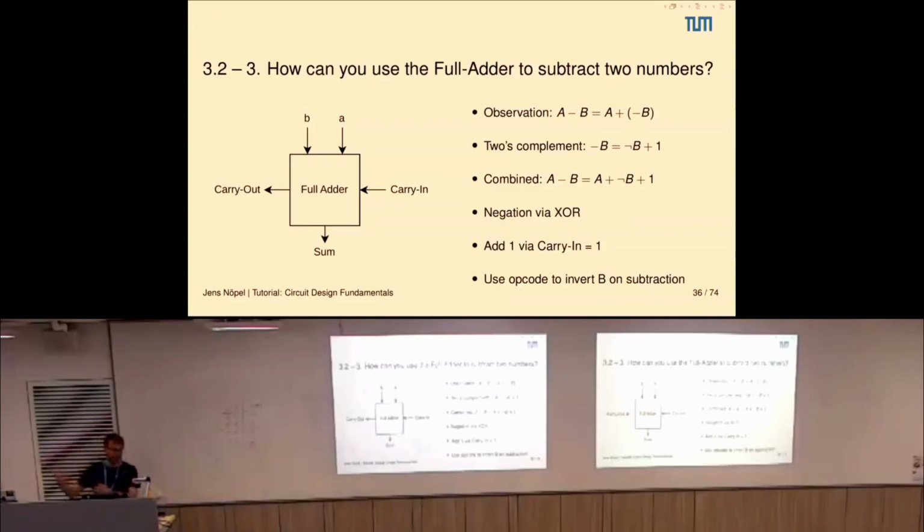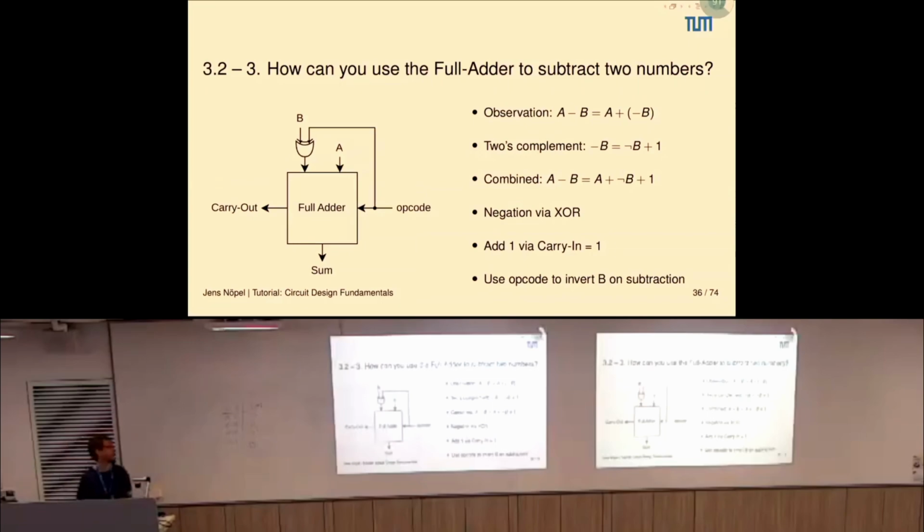Because there's no full adder before. But here the trick is we're just gonna use this carry-in and set it to 1. So we just have the addition of 1 by that. And then coming from that, we just do this step and realize everything.